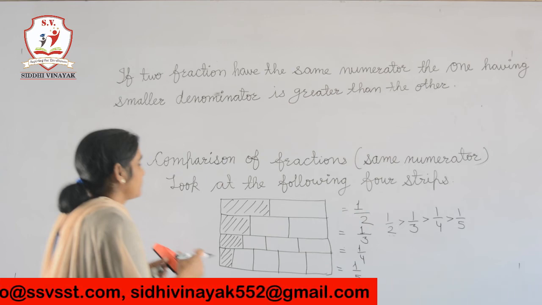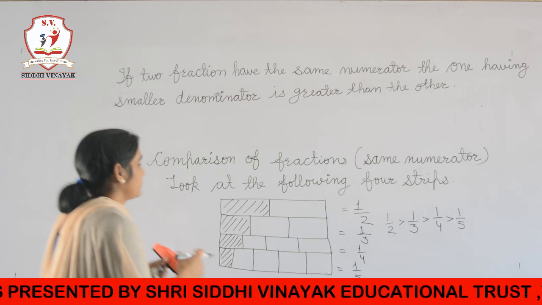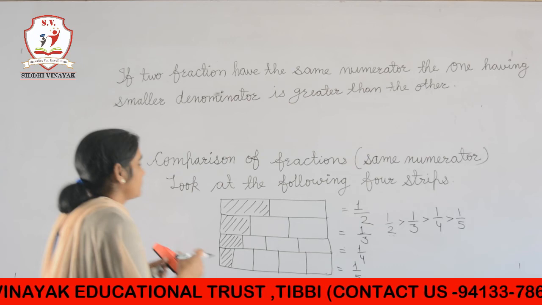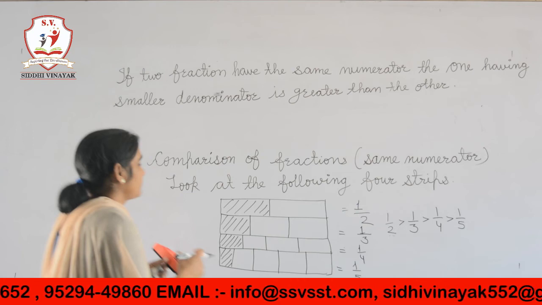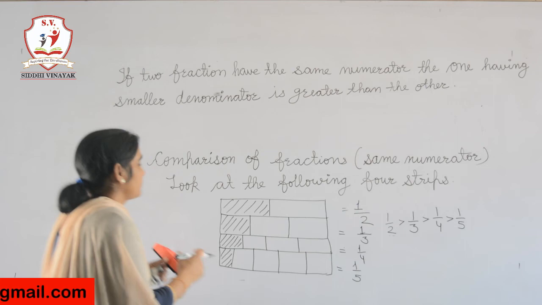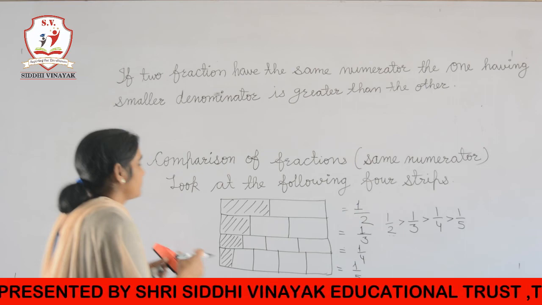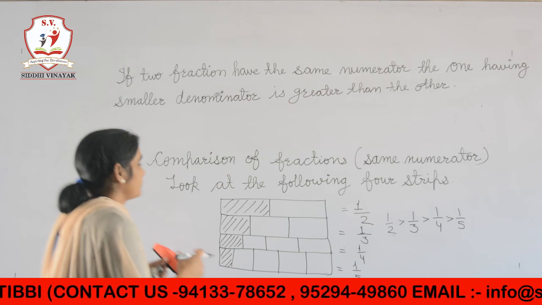Three parts are shaded. Unshaded part is 1, 2, 3, 4, 5. Unshaded part is 5. Shaded part is 3. Total parts 8. Shaded parts 3 upon 8. So, unshaded part is 5 upon 8.